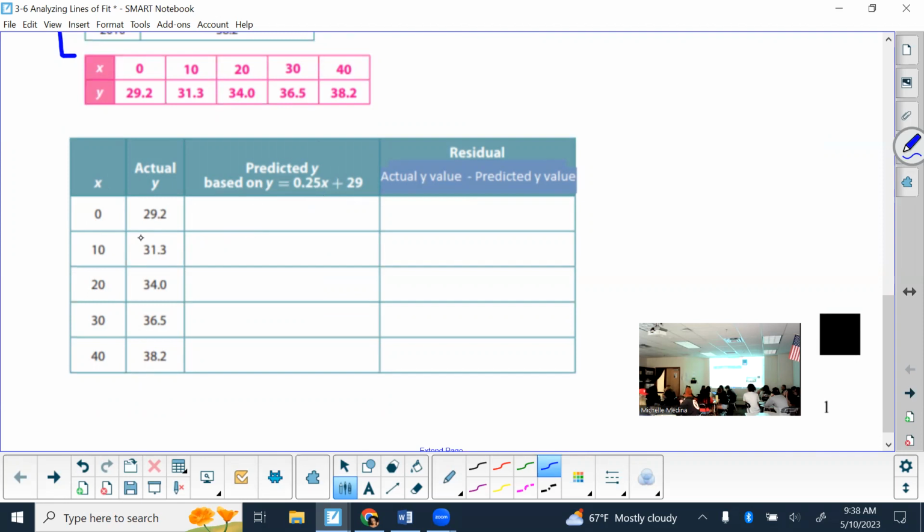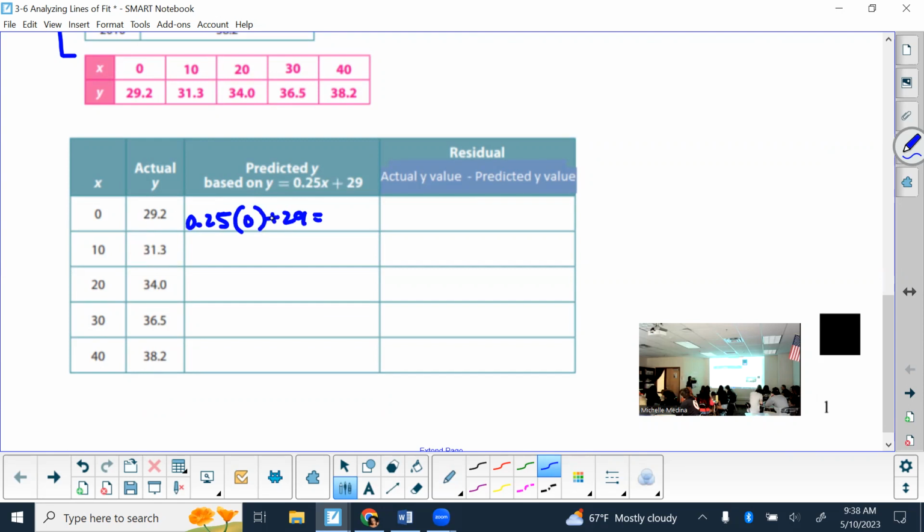We are trying to find the Y value. So in that case, the Y should still be unknown. So what are we plugging in then? The X. So if this is my X, I'm going to compare it to my actual by plugging it into my line of fit. And that will give me my predicted Y value.